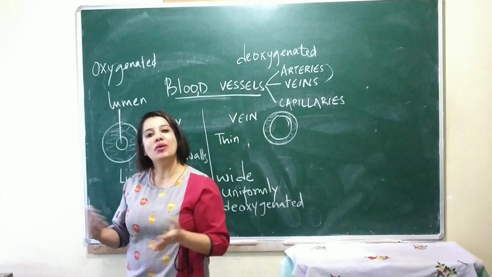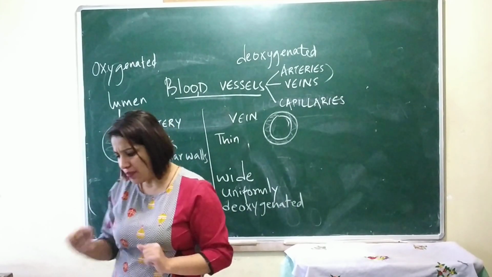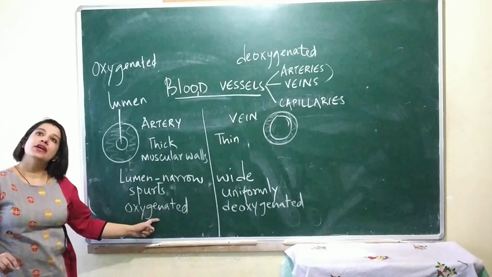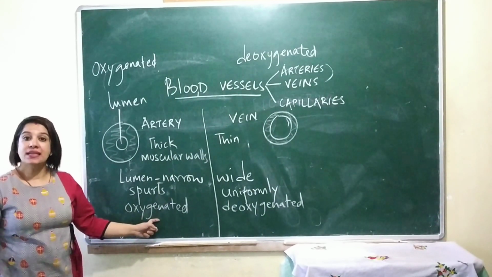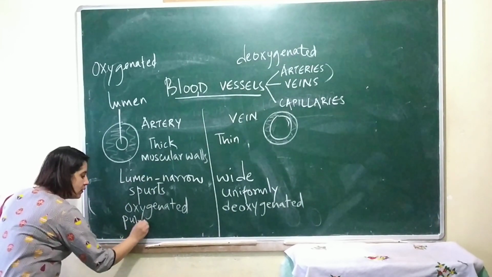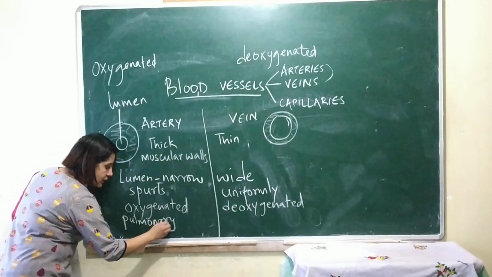Now there is an exception, like most of us have 10 fingers, but there are some people who have 11 fingers, who have 12 fingers. So in our body also, there is an exception. All arteries carry oxygenated blood, except there is one artery called the pulmonary artery.